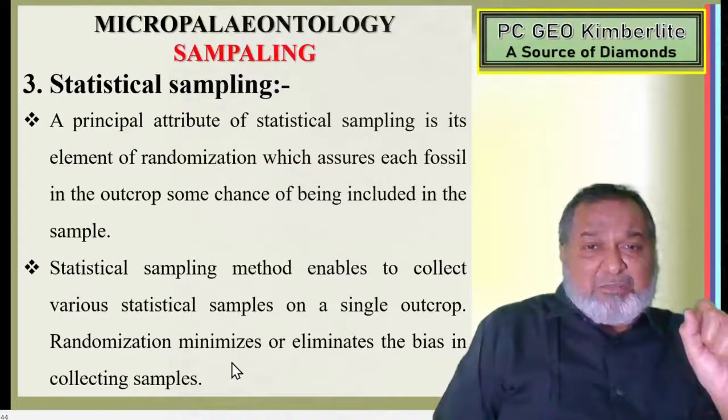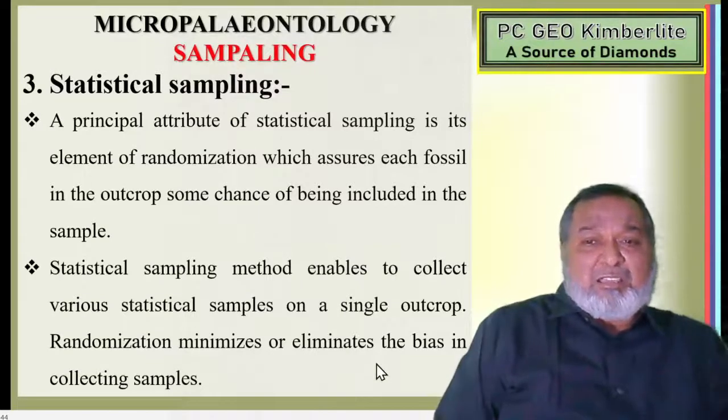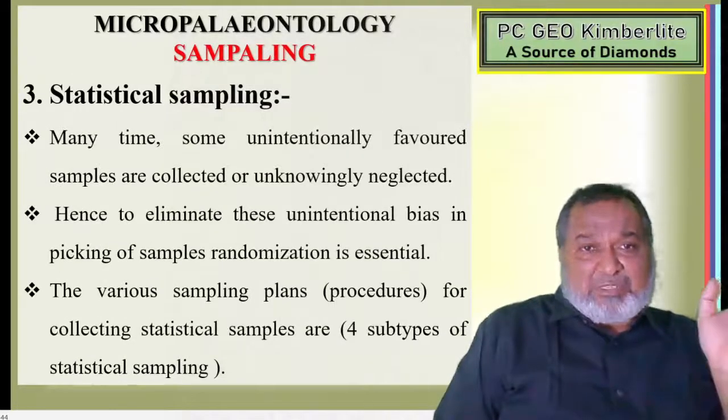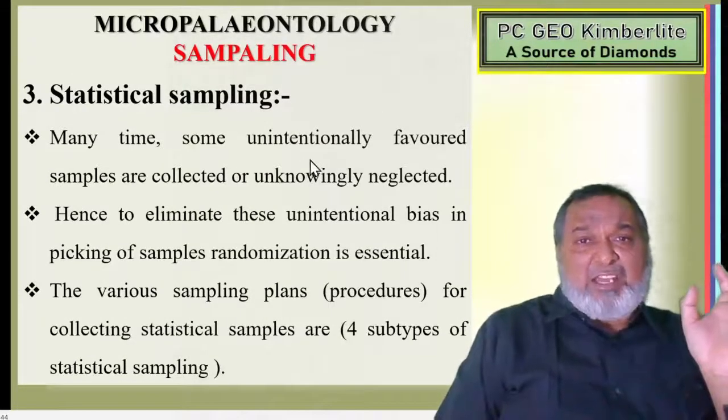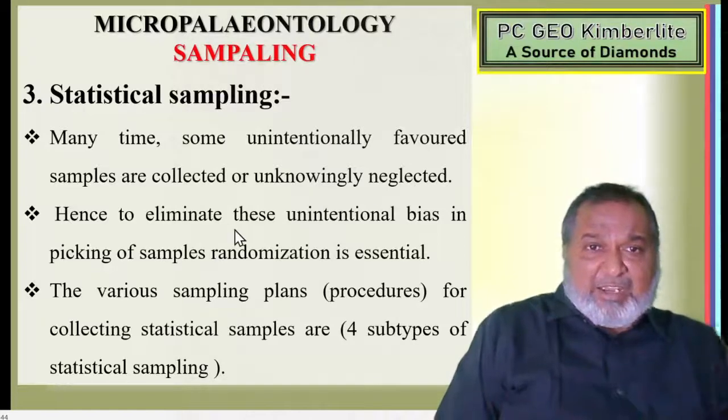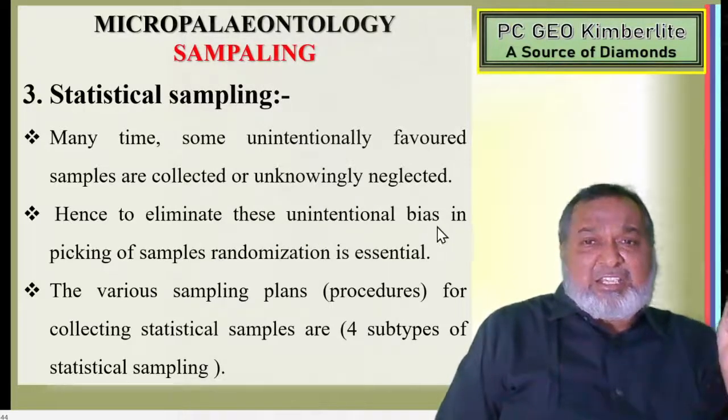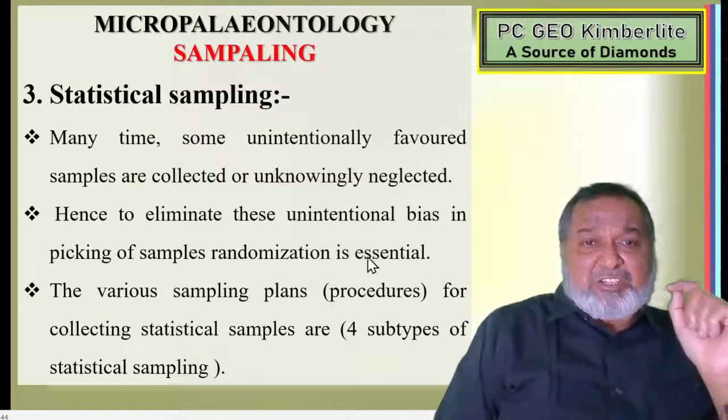Randomization minimizes or eliminates bias in collecting samples. Many times some samples are unintentionally favored and collected, while others are unknowingly neglected. Hence, to eliminate this unintentional bias in picking samples, randomization is essential.